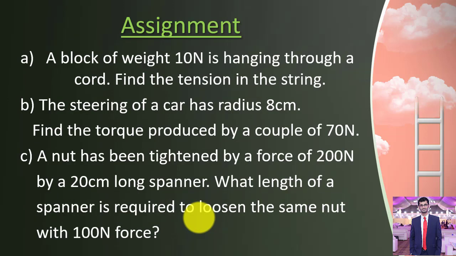Now students, let's solve an assignment for the practice of our today's lesson. There are three very simple numericals that are quite identical to our today's numericals. First of all, a block of weight 10 Newton is hanging through a cord.